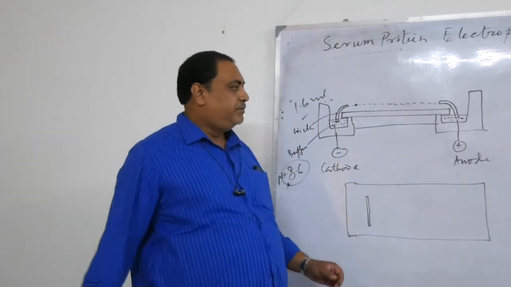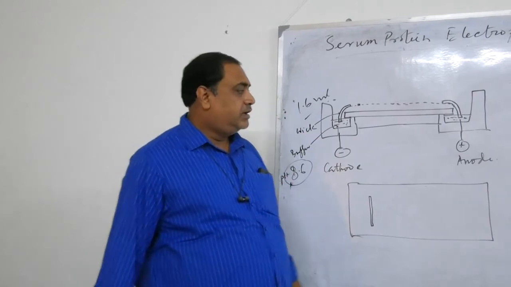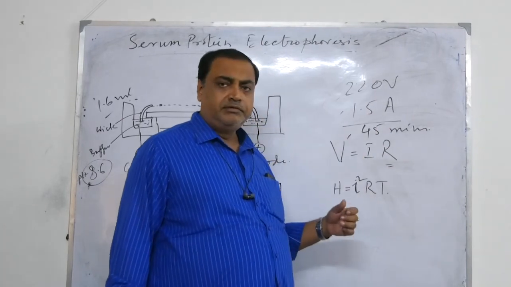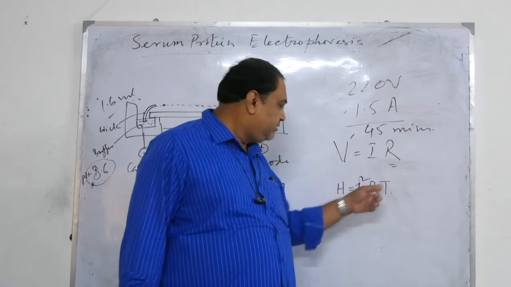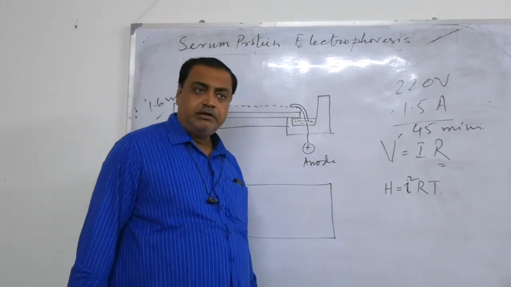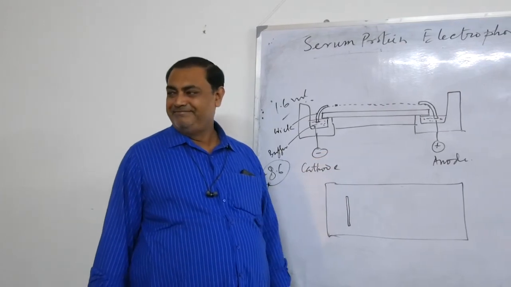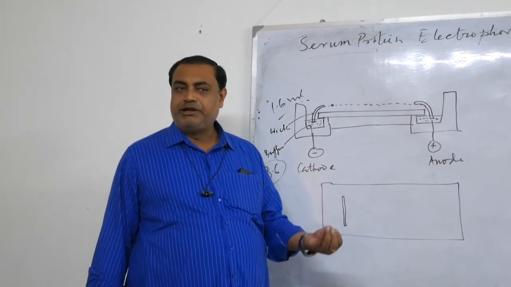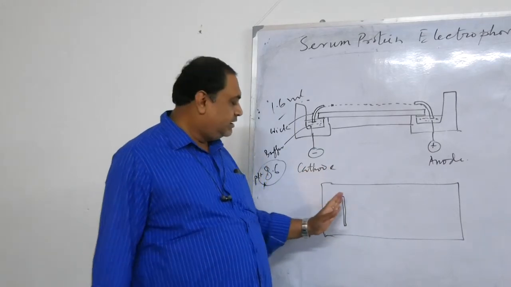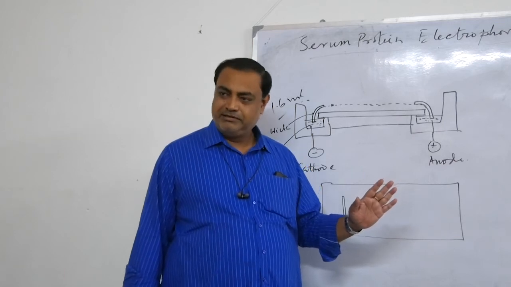So time has to be optimized, say around 45 minutes. Now, if we reduce the current and run for more time, more time means more heat. More heat means what will happen? This gel will become liquid. The liquid part will start evaporating, and it will dry up and stop migration. Correct?